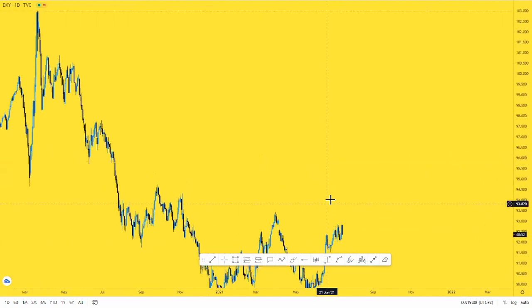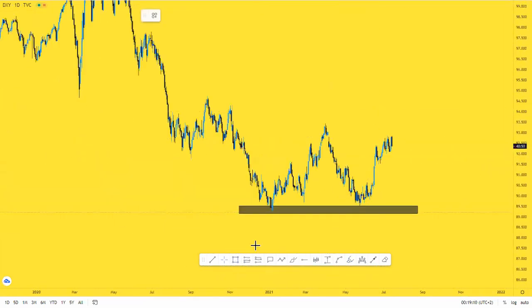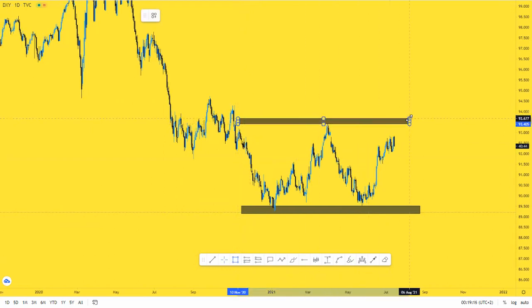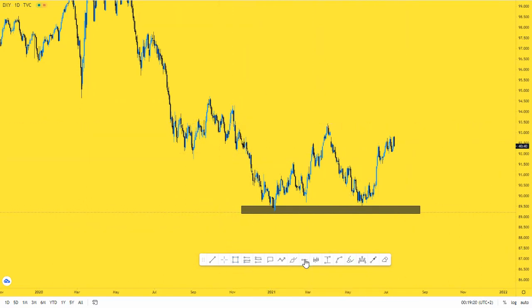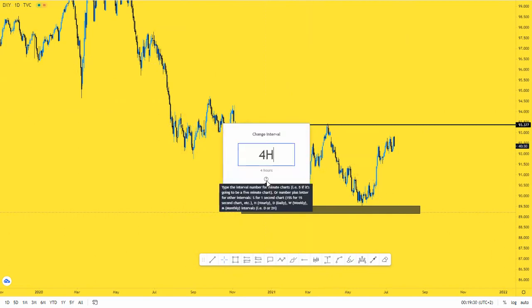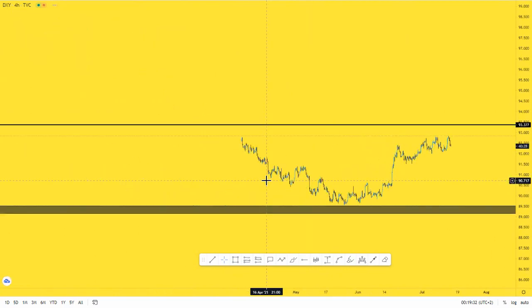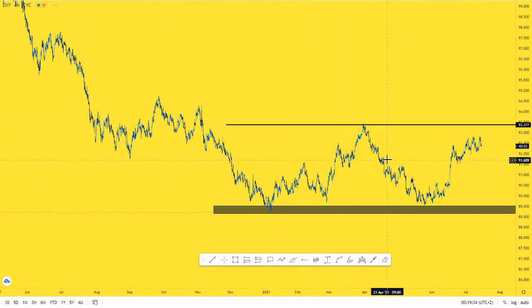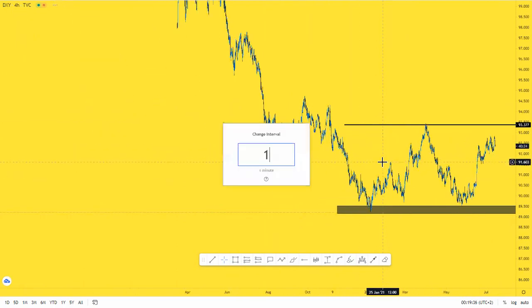Okay, so the second area of significance, I will mark this area. For simplicity, I will mark it in the form of a line and not necessarily a zone. And then as I go deeper in the lower time frames, oh yeah, something I forgot to mention.